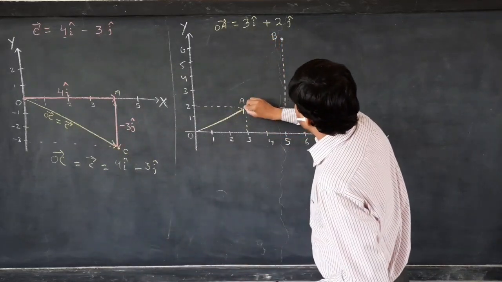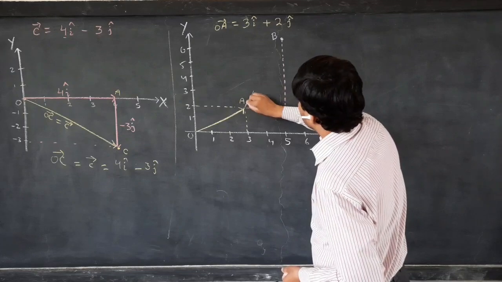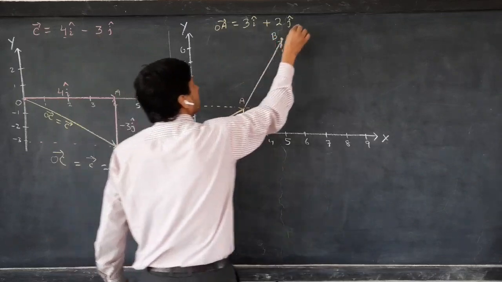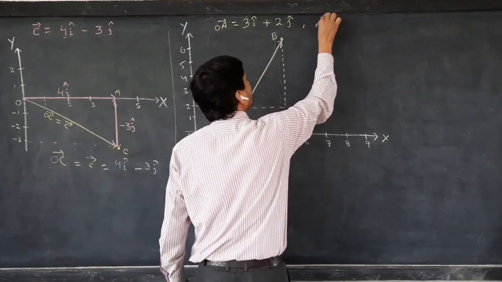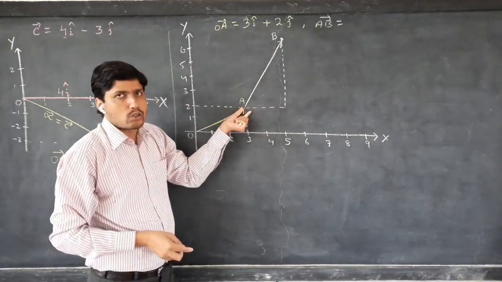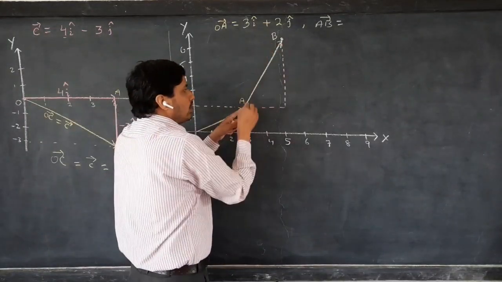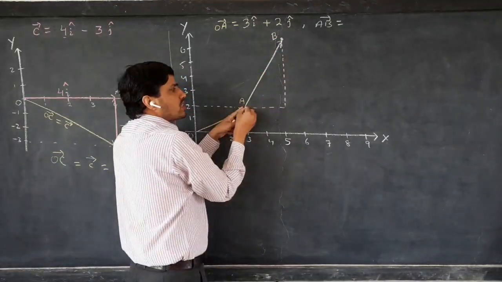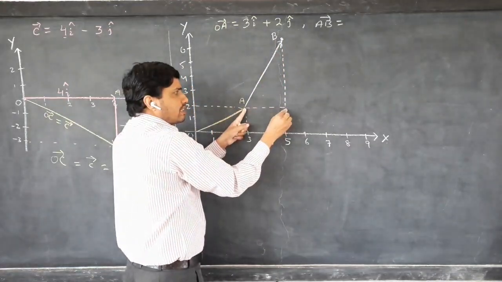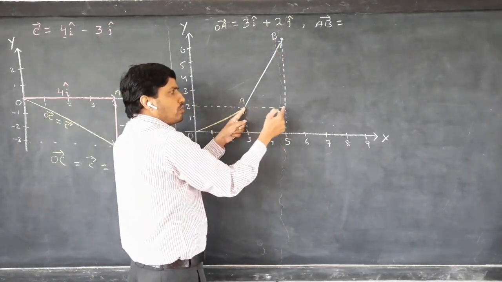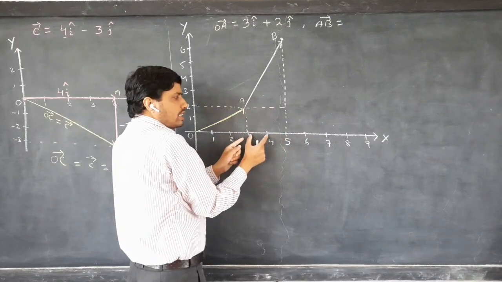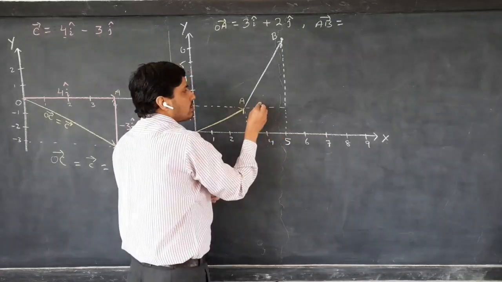So let me draw that vector. How much should the AB vector be? Now for the AB vector, we are not starting from the origin, so we need to be careful. If I ask you to go from A to B, you will move some units along the x-axis and some units along the y-axis. See this and tell me how many units you need to move along the x-axis starting from A. It is this one, that is 3 to 5, so 2 units, 2 i cap.